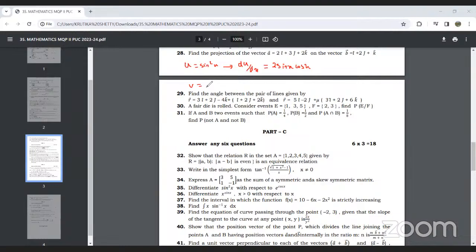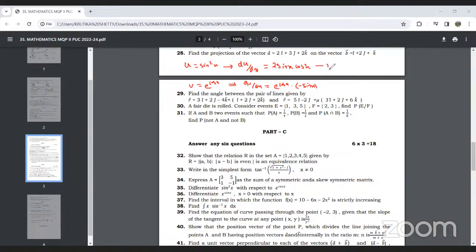Similarly, we consider v as e raised to cos x, and dv by dx will be e raised to cos x, and the derivative of cos x is minus sin x.